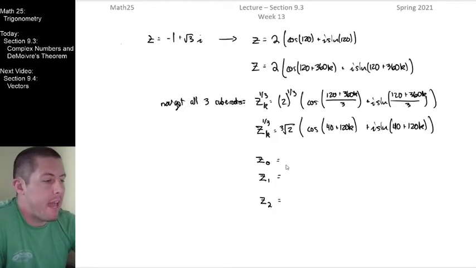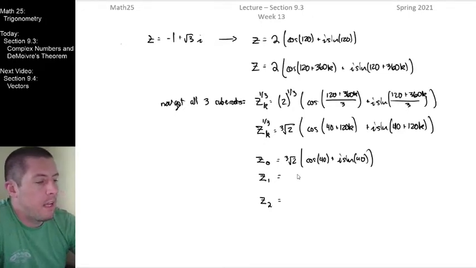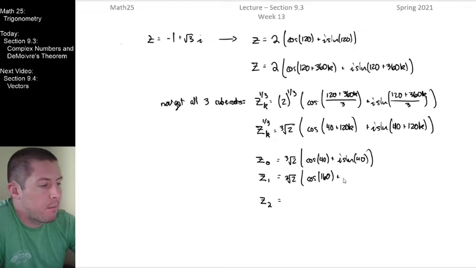You should notice that if k is 0, we're getting the cube root of 2 times cosine of 40 plus i sine of 40. If k is 1, then I'm getting the cube root of 2 times cosine of 160 plus i sine of 160.